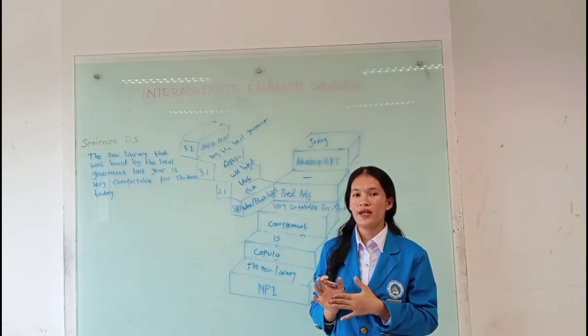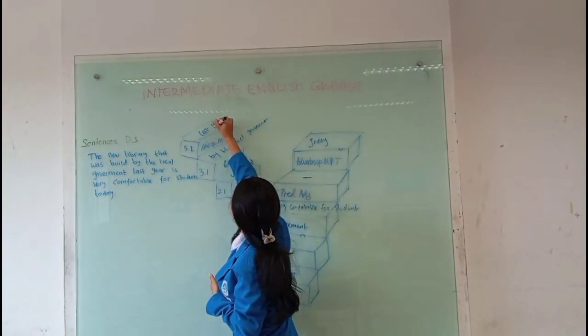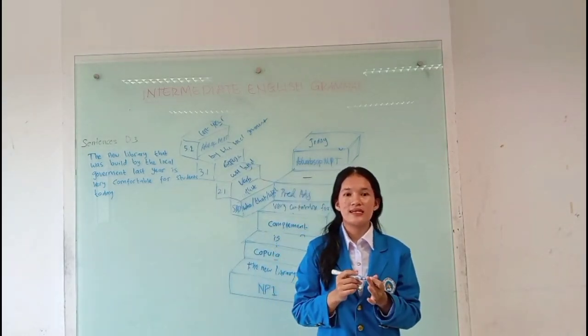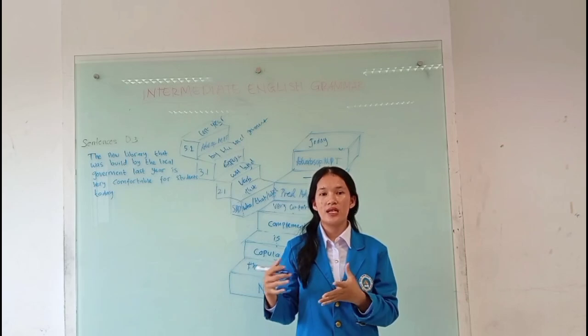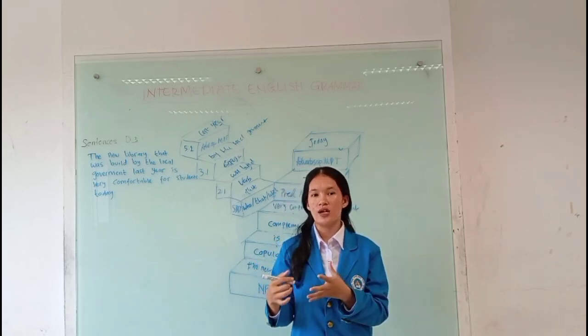Finally, at stair 5.1, I add the adverb last year. Now let's read the substairs together. That was built by the local government last year. This is the defining relative clause.